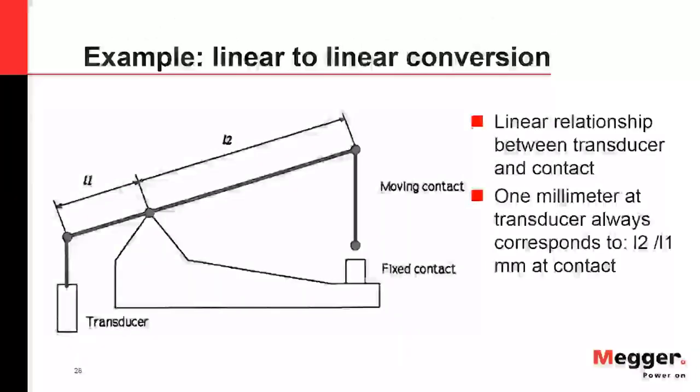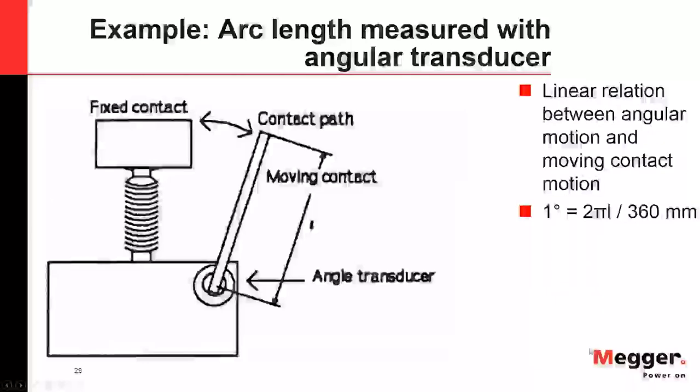You don't need any kind of table. Looking at this example, you'll see on the right you have your fixed contact, and on the left you have your transducer, but because of this pivot point, you actually have to multiply it by the ratio of L2 over L1 to convert to your actual stroke correctly. Whatever the transducer moves, your contact is actually moving a little bit more.